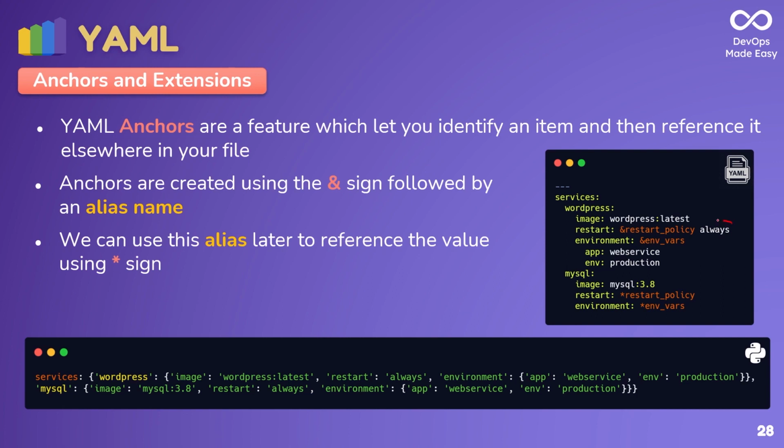Anchors are always for the values, guys. This always value I want to refer to in many places, which is why I give it an alias name called restart policy and create an anchor using ampersand. Then I use this always value at this position by referring to the alias name with a star.